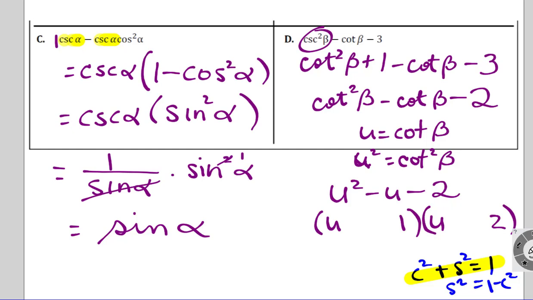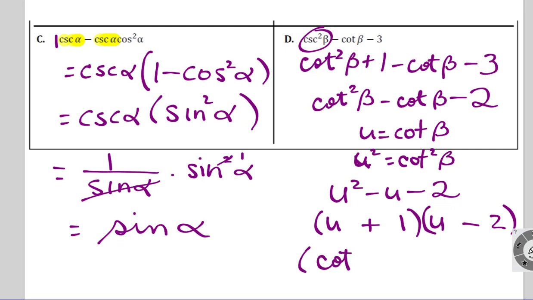It's going to be a plus and a minus. Plus 1, minus 2, I think that works. That way in the middle, we get 1 minus 2, which gives me the negative 1 that I need. So this is going to be cotangent of beta plus 1 times cotangent of beta minus 2.